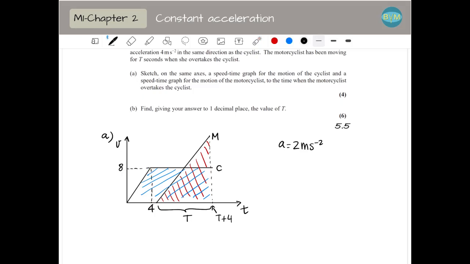So I have t plus 4, one side of the trapezium, plus the other side, divided by 2, times the distance between them. So the distance for the cyclist must be the same as the area for the motorcyclist. And the area for the motorcyclist is this triangle. And this triangle is going to be base times height divided by 2.